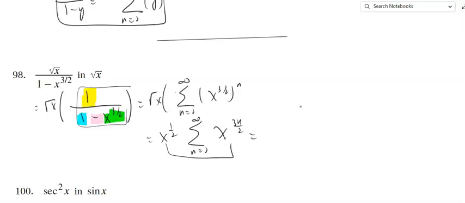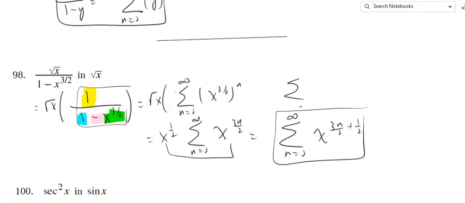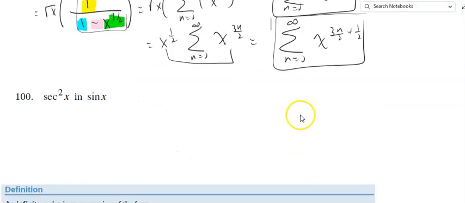If you multiply those, you add the powers. That becomes x to the 3n over 2 plus 1/2, or simply, this is fine, there's nothing wrong with that. You could write that n equals 0 to infinity of x to the (3n plus 1) over 2. It doesn't really matter. I'm not sure how they write it in the back of the book, and it makes no difference to us.